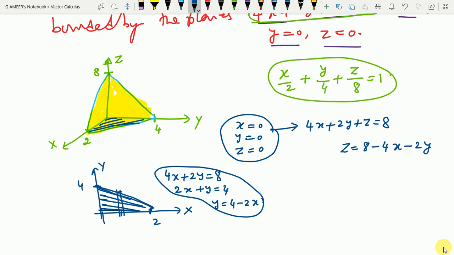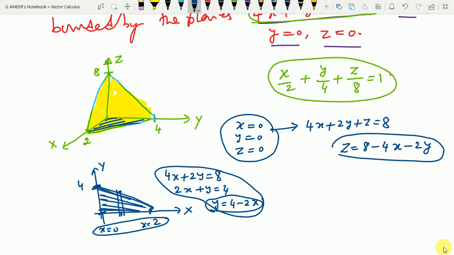As x varies from 0 to 2, y varies from 0 to 4 minus 2x, and depending upon x and y, z varies from 0 to 8 minus 4x minus 2y.